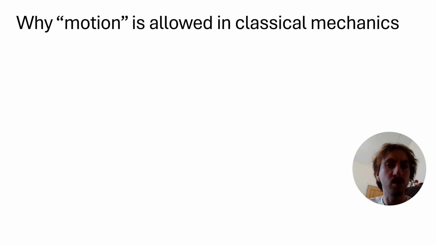So now we've talked about the wave function, and we talked about uncertainty in quantum mechanics and how we get probabilities of finding a particle in a particular state from the wave function.